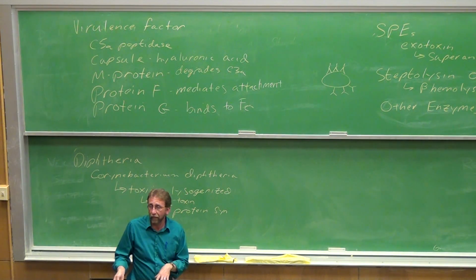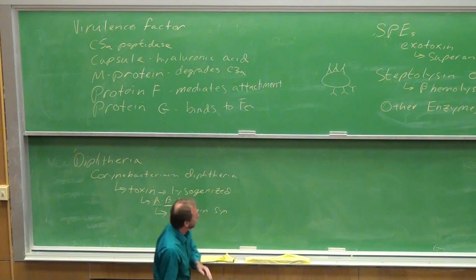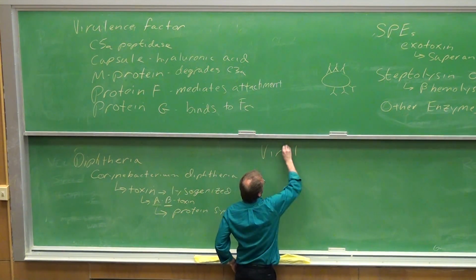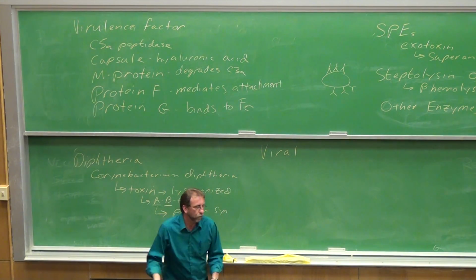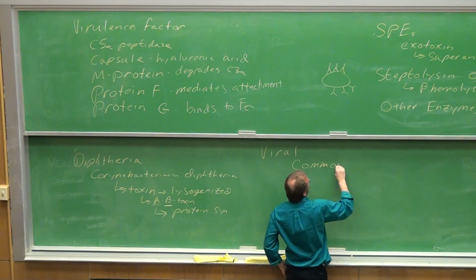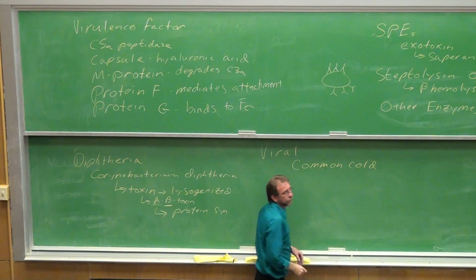So the next group I want to talk about are the viral infections of the respiratory system. And the main one that we're going to mention here is the common cold.